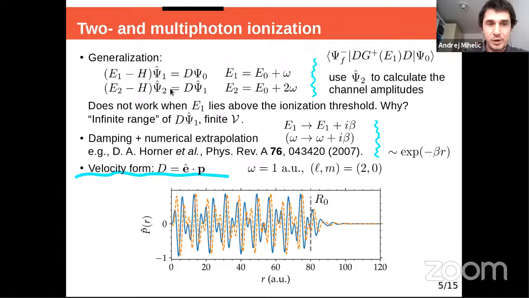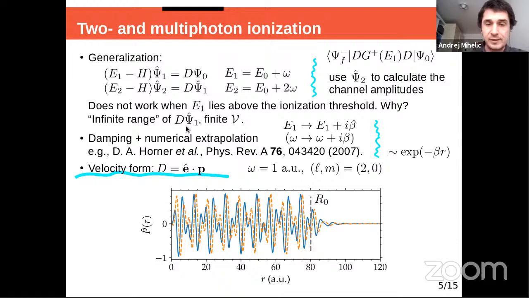The problem with this approach is that it works as long as the energy in the first step lies below the ionization threshold. The reason is that as soon as we reach above the threshold, the extent of this solution becomes infinite.